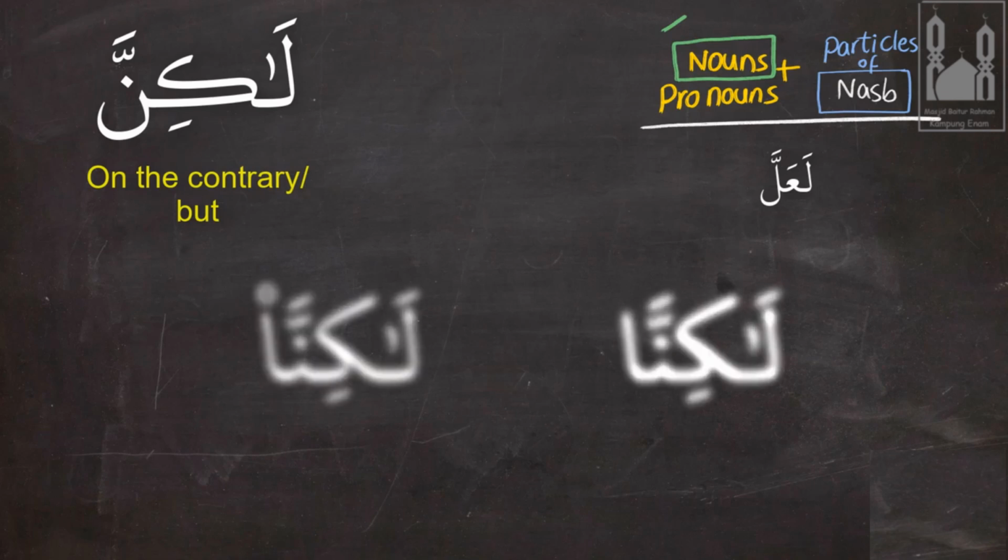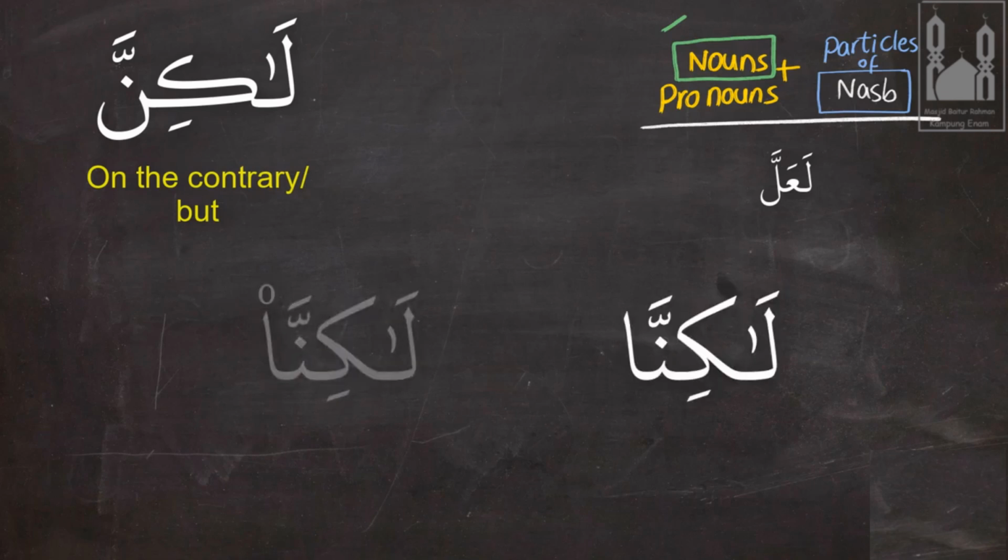This first one here is لكن with an alif at the end, and noon with shadda. This is actually لكن plus the plural pronoun suffix na. So the shadda on the noon comes from the two noons that were fused together into one noon with a shadda.